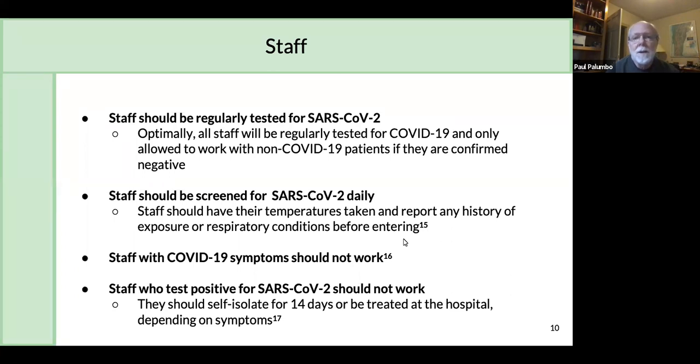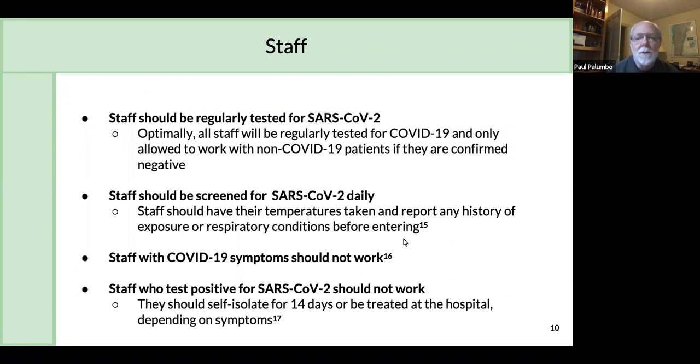Staff should be regularly tested for this coronavirus. I must say that we're not testing staff. We test them for cause, but not on a regular screening basis at the moment because of test limitations. Staff should be screened daily, this says, and I think that's going to be very difficult to conduct until we have readily available rapid tests that are cost effective.